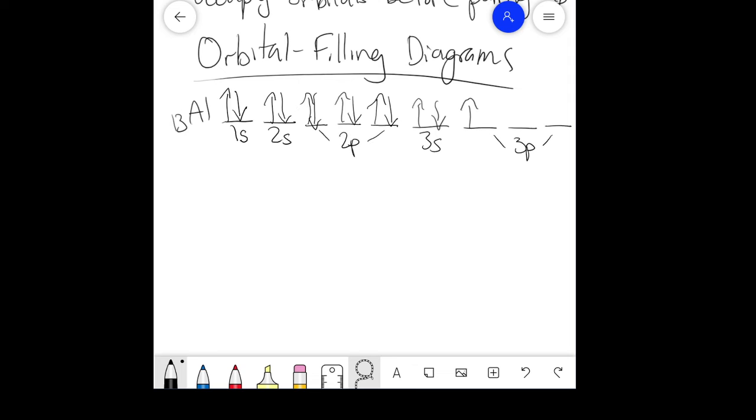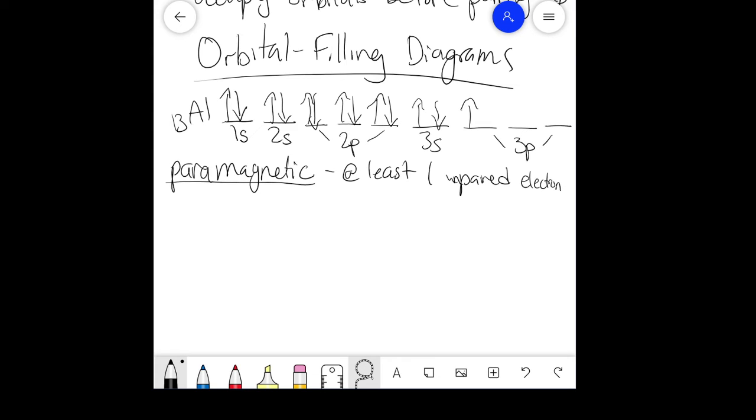So, some vocab to know. Aluminum is a paramagnetic element. It has at least one unpaired electron, and that means it's weakly attracted to magnetic fields.